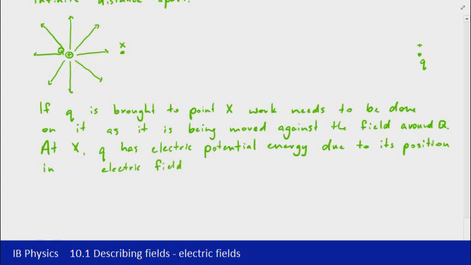Sorry, not in an electric field, in the electric field around Q. And if we wanted to look at how much electric potential energy is stored there, we can basically just identify that it's the same amount as the work done in moving charge q to X.